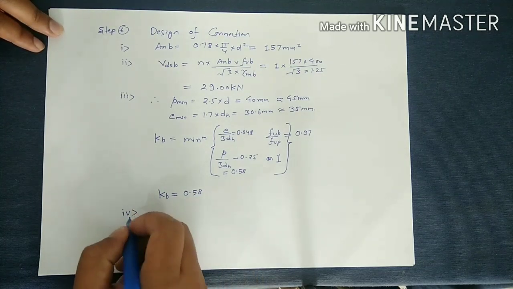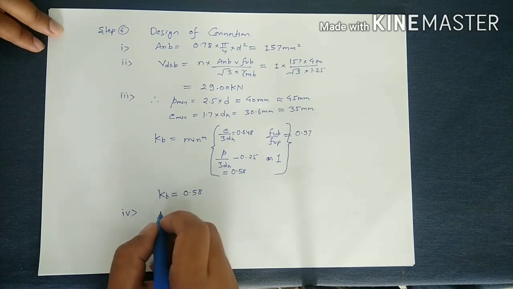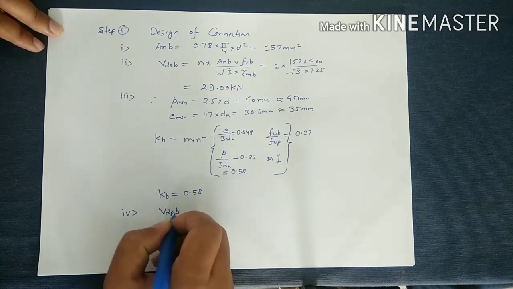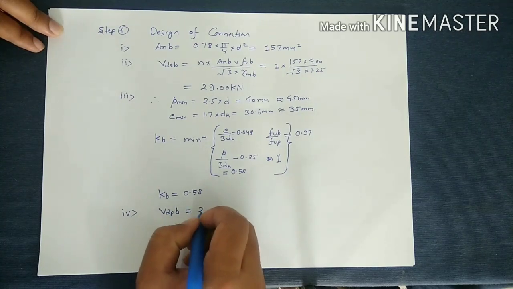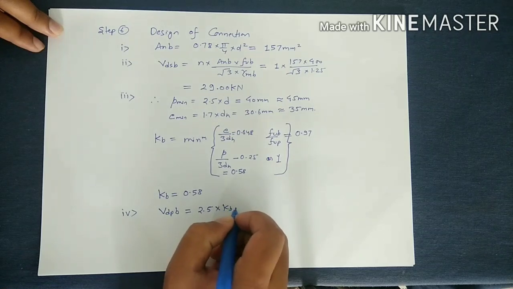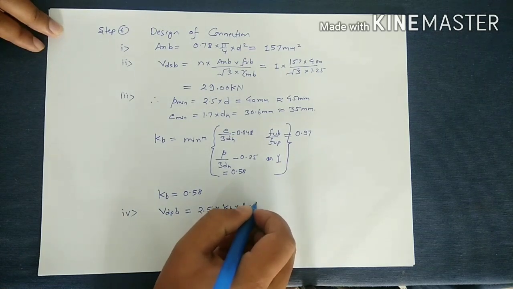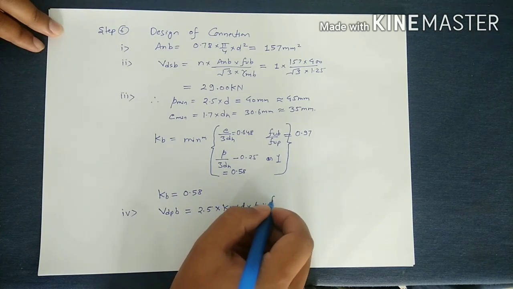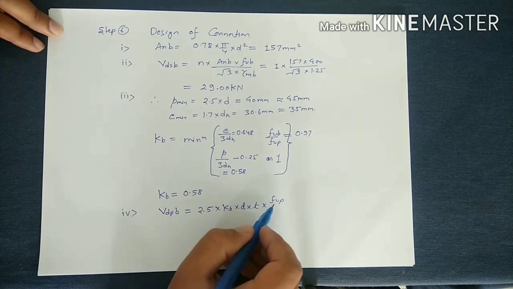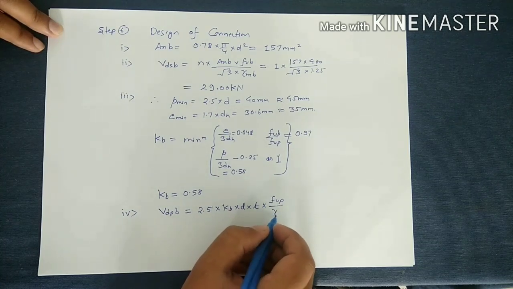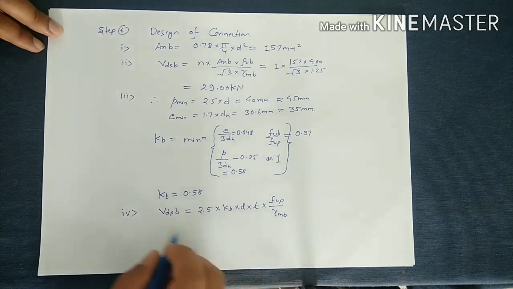Now we will find the bearing strength VDPB, which will be equal to 2.5 into kb into d into t into FUP, that is the ultimate strength of the plate, upon gamma MB.